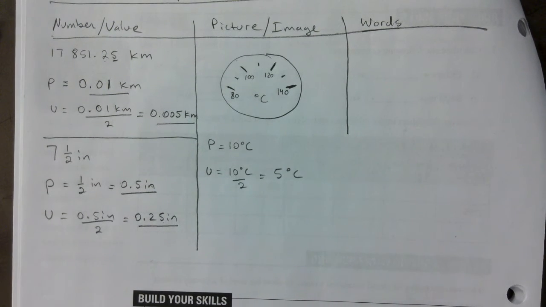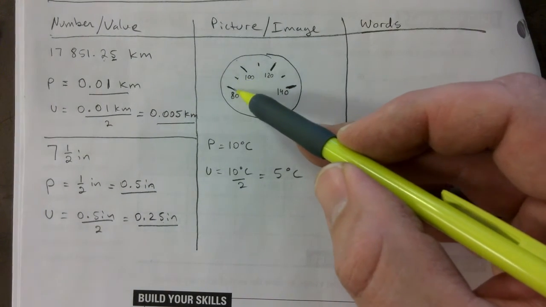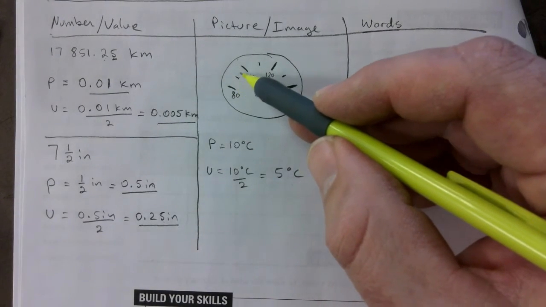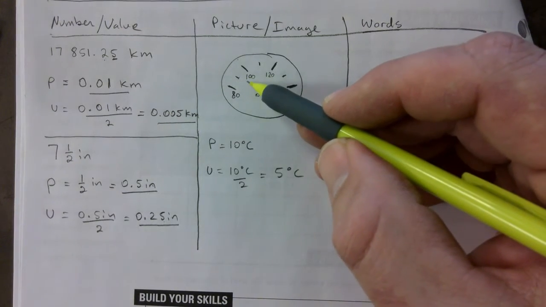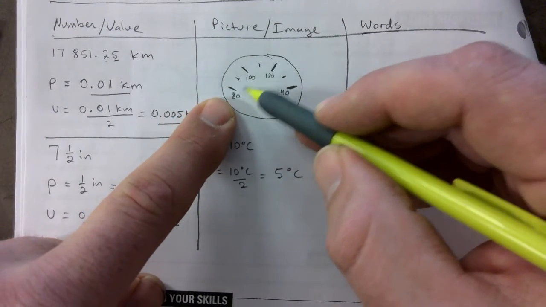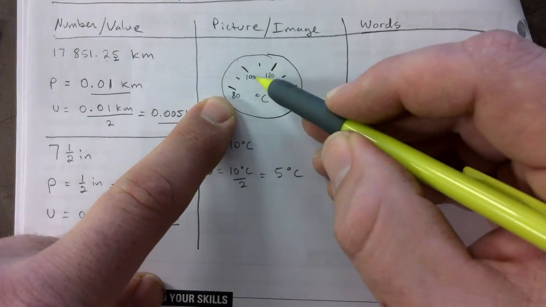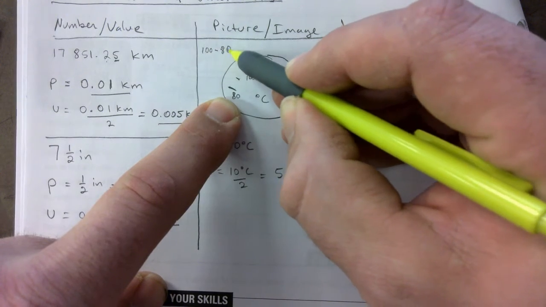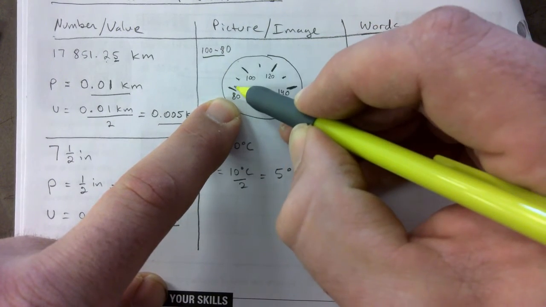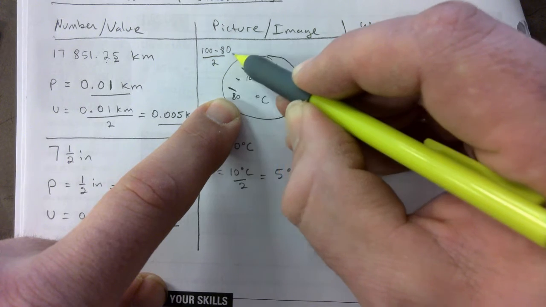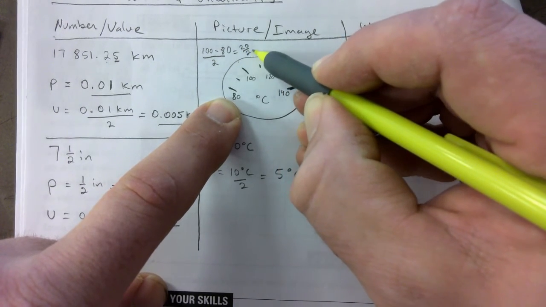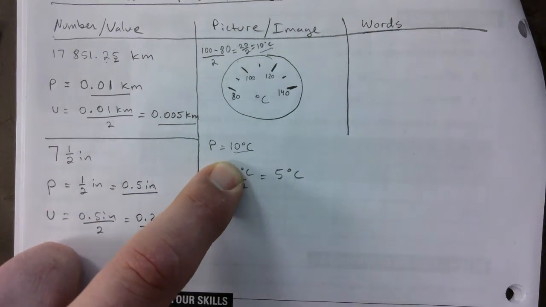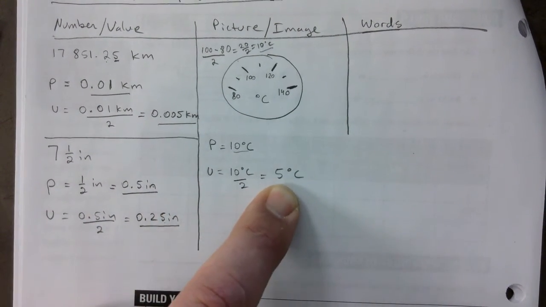Because sometimes there's going to be more markings in between, how would you do that? This is how you do it mathematically. You take the closest two numbers that you see, you go 100 minus the lower one, and you split that in how many gaps there are. So in this case, it would be 20 divided by 2, which is 10 degrees Celsius. That's basically how I got my precision there. And the uncertainty is 5 degrees Celsius.